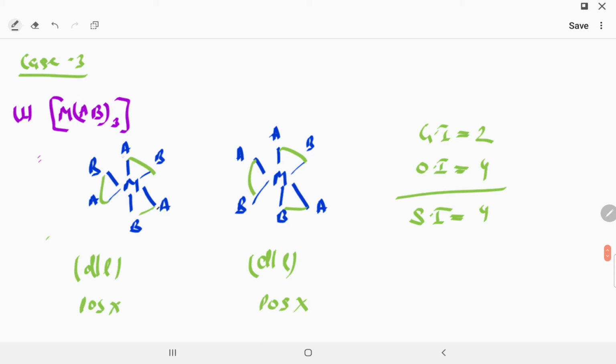In this case, this A and B are opposite, but the A and B in the same position, the black one I am writing, this A and B. In the second one this is B and this is A, so I change the position of A and B. So these are different, they are not the same, so I write two geometrical isomers, and they will not show a POS plane, so they will show four optical isomers. So total stereoisomers are 4. I hope, guys, this is very clear to you.